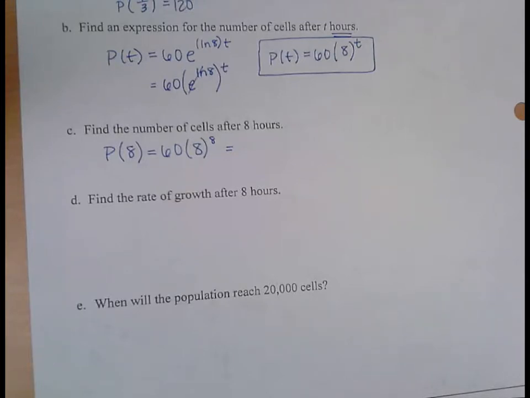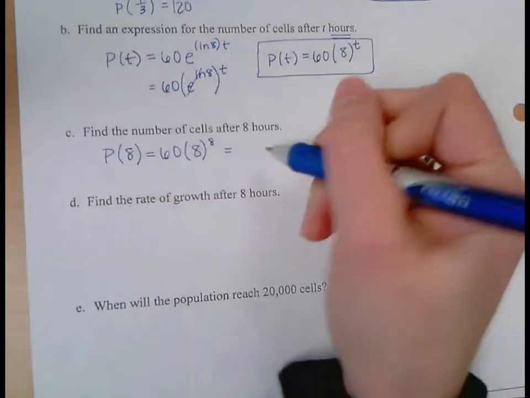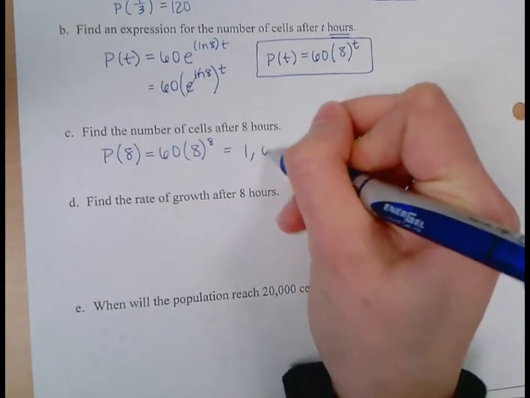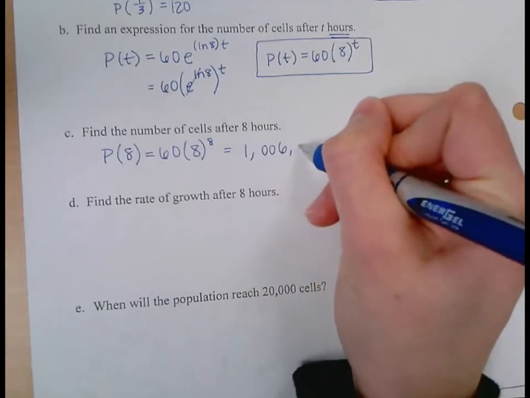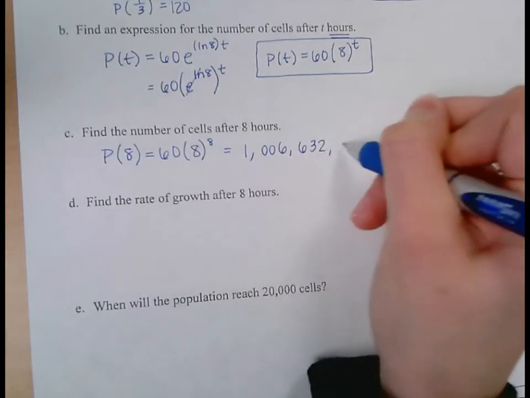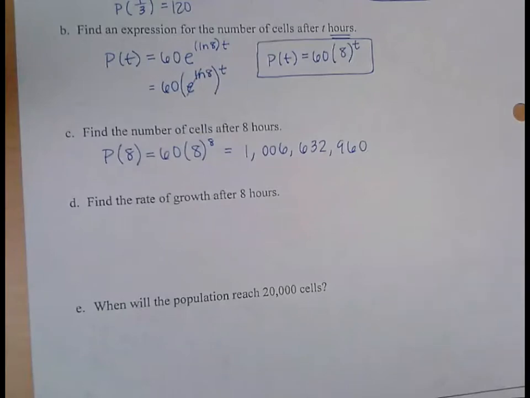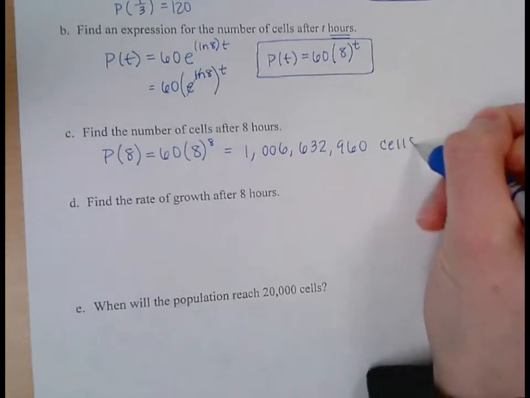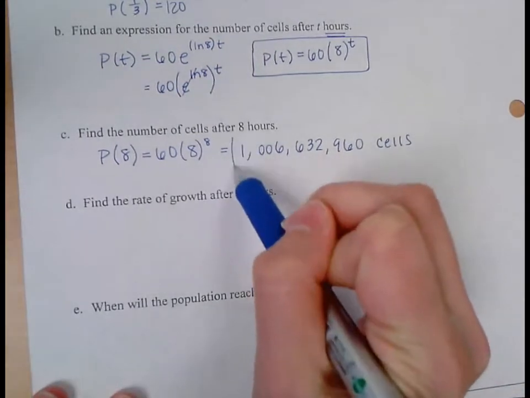It will be a big number. So you should get 1,006,632,960 cells after 8 hours.